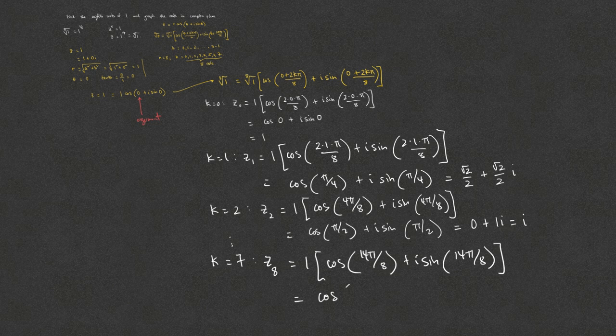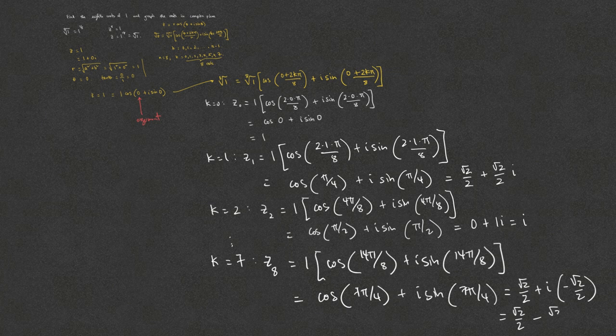Dividing by 2, top and bottom, we have 7 pi over 4. But cosine of 7 pi over 4 is positive root 2 over 2, and sine of 7 pi over 4 is negative root 2 over 2. So this is root 2 over 2 minus root 2 over 2 i.